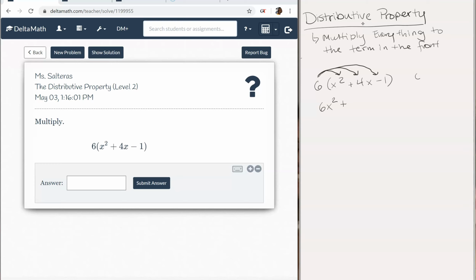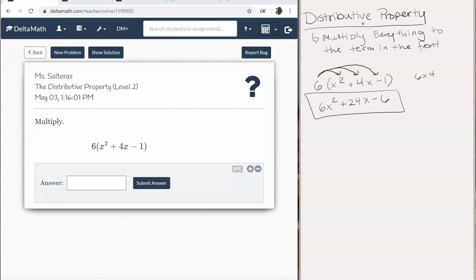So here, what's 6 times 4? Well, that's 24. And then again, we don't know what x is, so it just comes along for the ride. All right, and last but not least, 6 times a -1, that gives you -6. And there we go. There is nothing that we can combine. There's no like terms because the exponents are all different. So this is our final answer.